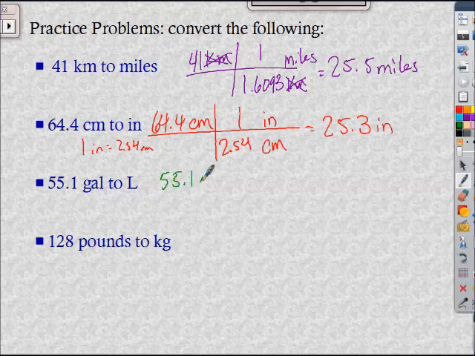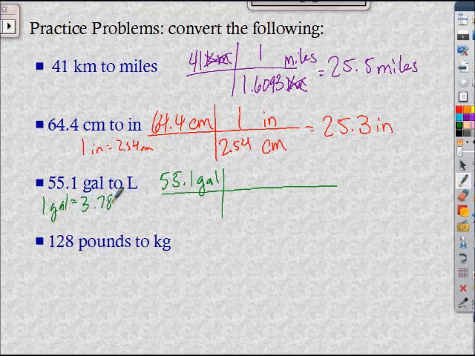Okay. Next one, 55.1 gallons, and I want to go to liters. I have a conversion that says 1 gallon equals 3.7853 liters. So I'm going to put this gallons on bottom and 3.7853 liters on top.